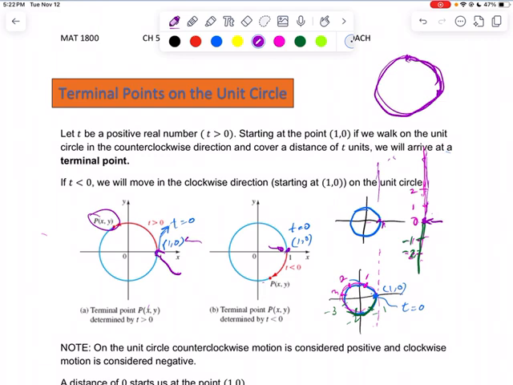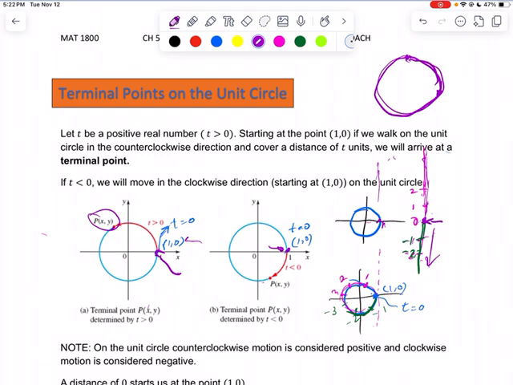In the same way, if someone goes in the negative direction, they will never travel through a point more than once. But this is what happens on the circle.